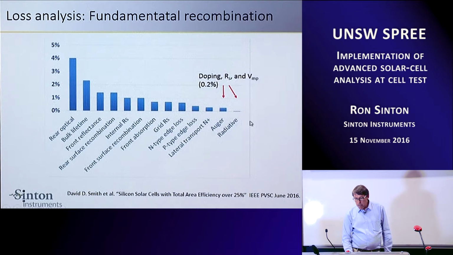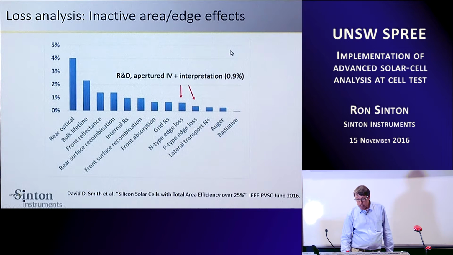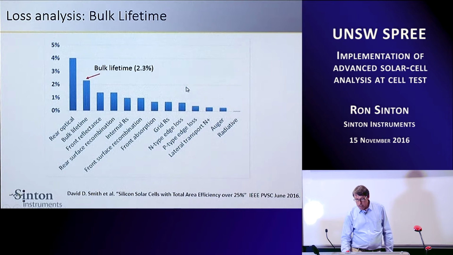The Auger and the radiative, if you've measured the doping and you know the maximum power voltage, you simply calculate those. And they showed in this paper that by using an aperture and looking at the current density that they get from the middle of the cell versus the perimeter, they could separate out the edge losses.